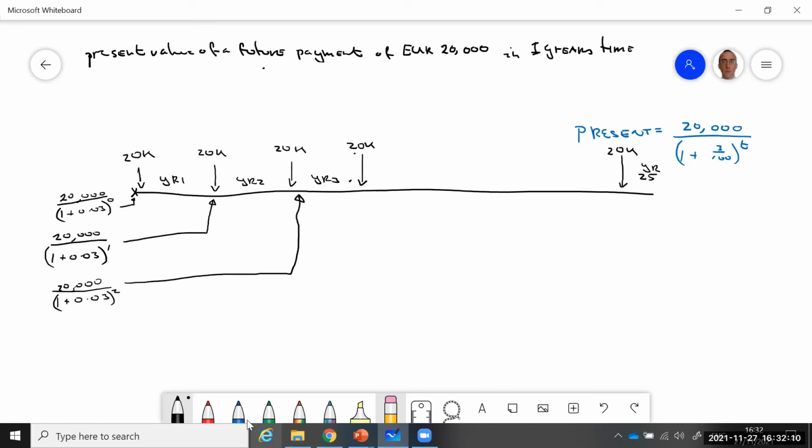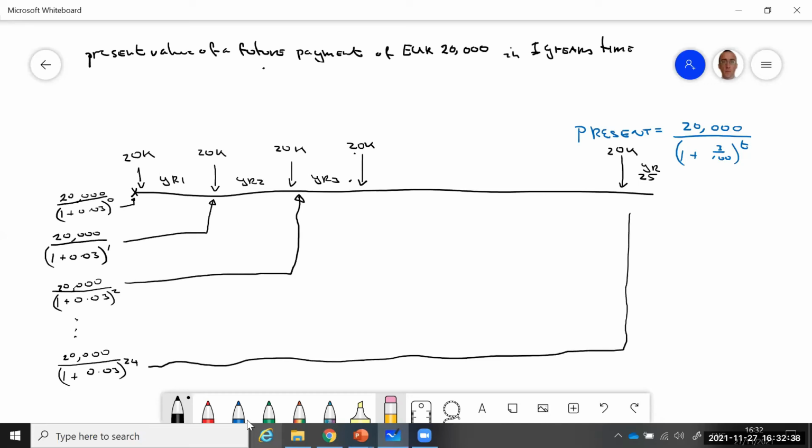Okay, and then finally, in order to get 20,000 euro at the start of his 25th year, he'll need a present value here of 20,000 over 1.03 to the power of 24, because this particular present value will have a full 24 years to invest. And that present value will accumulate over the 24 years to give that tranche of 20,000 euro.